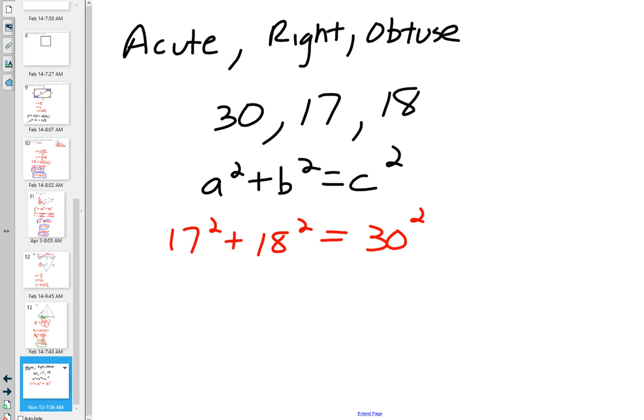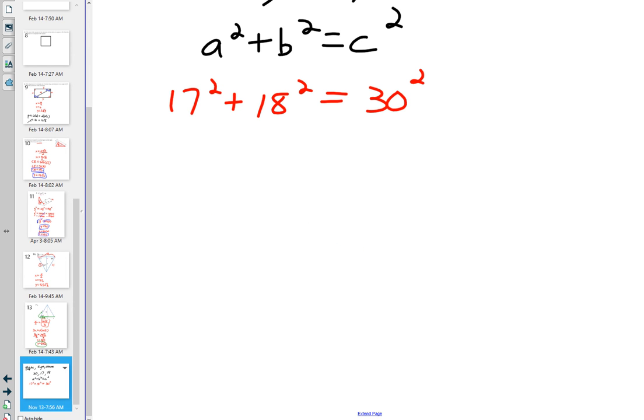So listen carefully. If those two numbers end up being equal, then we have a right triangle. That part is not new.